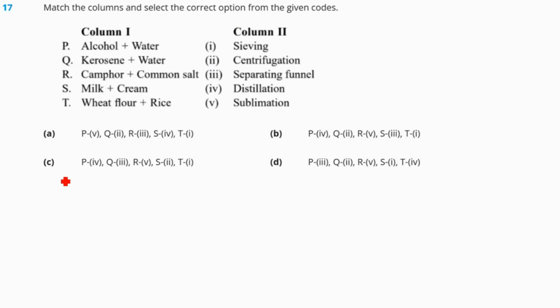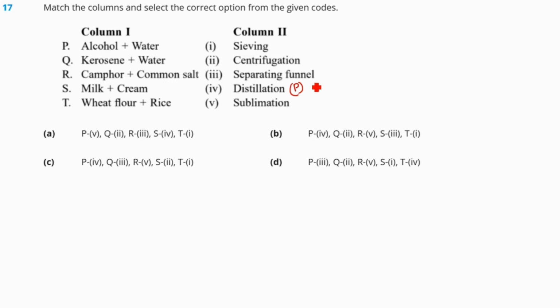Question number 17. Match the columns and select the correct option from the given codes. What are the components and what is the separation method? Alcohol and water, these are miscible liquids, so this can be separated by distillation. Kerosene and water, these are immiscible liquids.